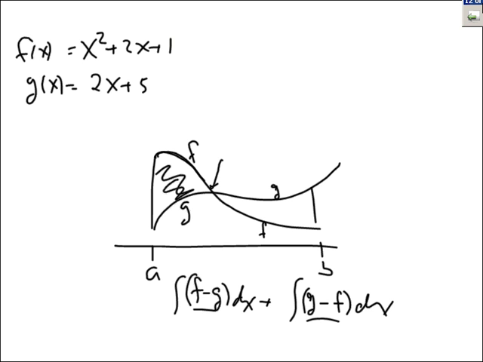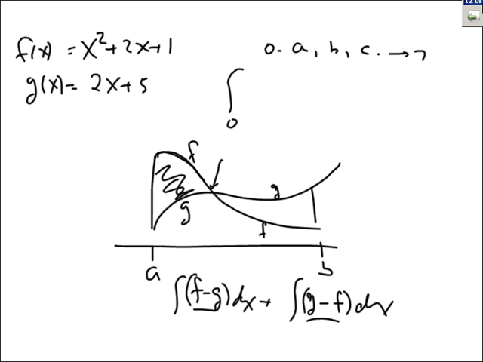In fact, if you know that they intersect at A and B and C, and we're going from 0 to 7, the two graphs cross at A, B, and C.